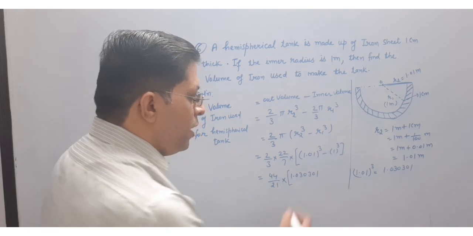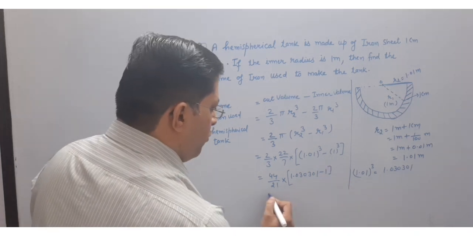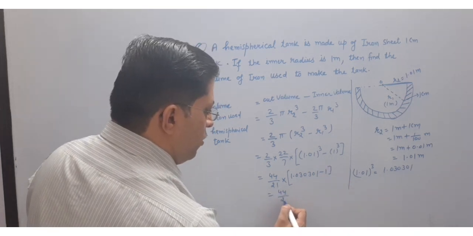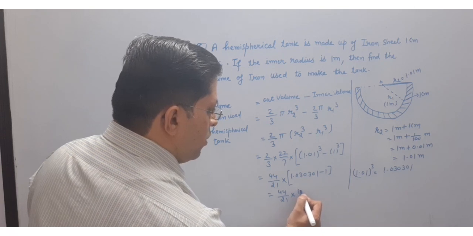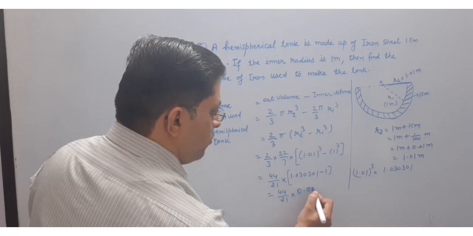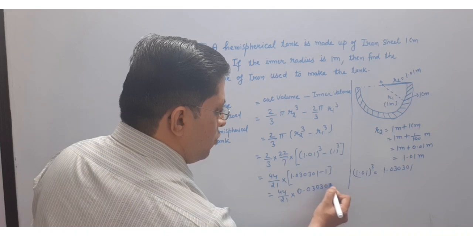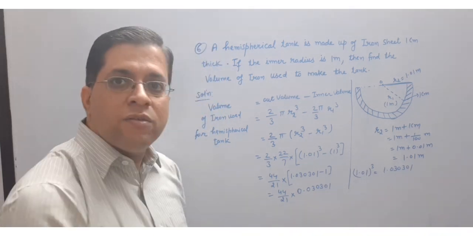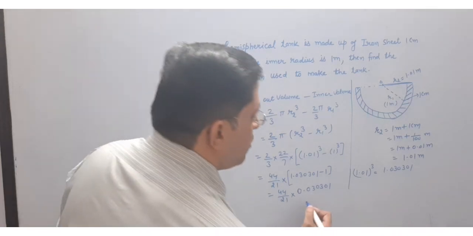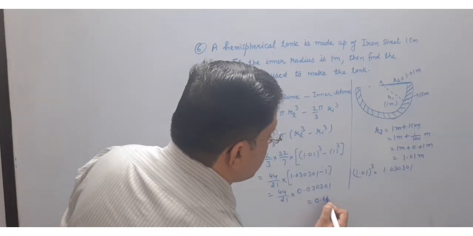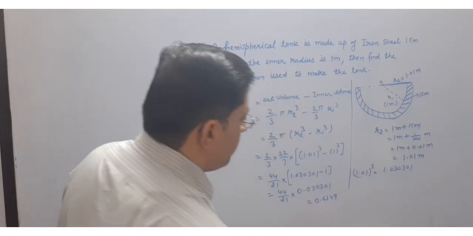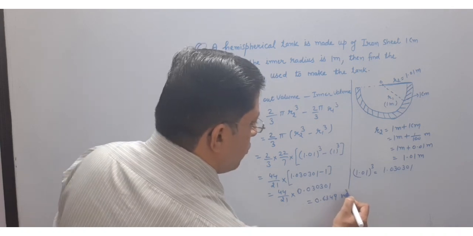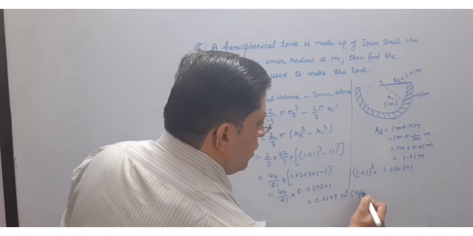Okay, then minus 1. If you subtract it, then directly you will get 0.030301. Okay, then after dividing this, after solving this, you will get approximately 0.6349 meter cube.